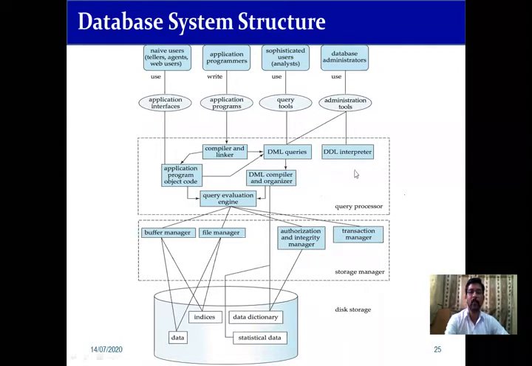The second module is the query processor. Have you seen these things? The query processor again has different components, such as the compiler and linker, DML queries, DDL interpreter, DML compiler and organizer, query evaluation engine, and application program object code.